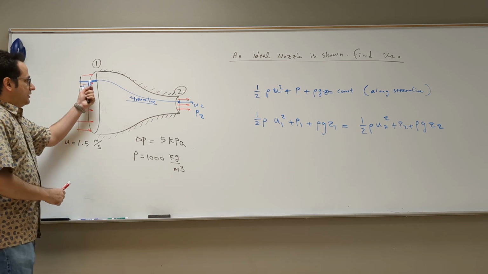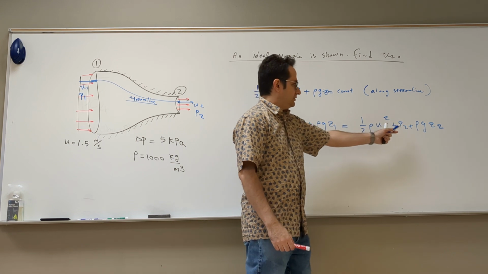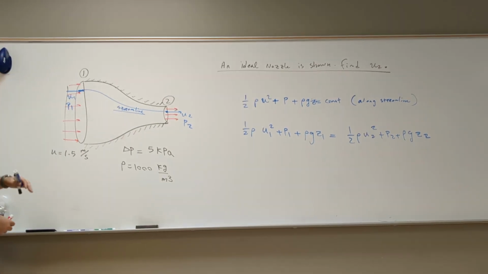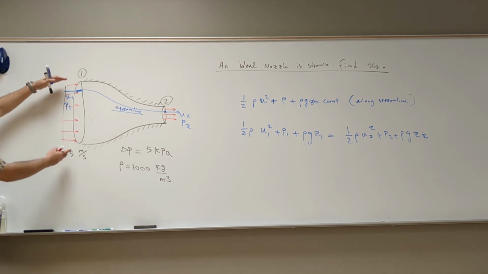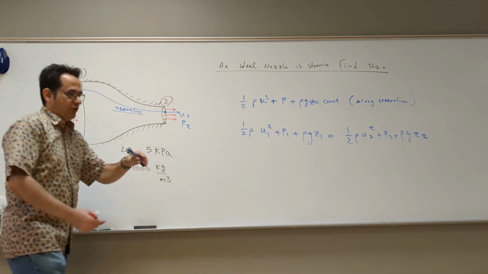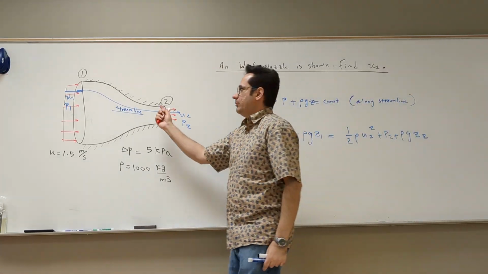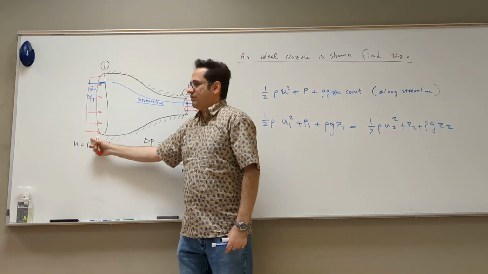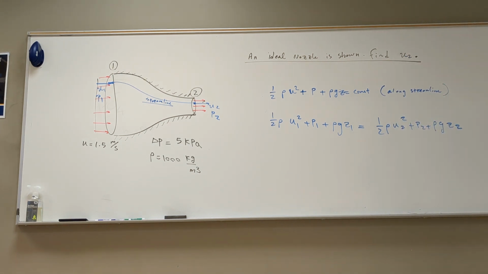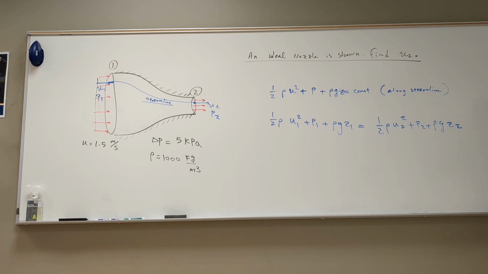That's the reason I draw this streamline, to show what we deal with for the terms z1 and z2. If this was really significant, that means this cross section was just so huge, and the other one was just so tiny, that there would be an actual height difference between different points. You can never make the assumption of uniform velocity in real life, because of that z difference, the gravity difference. There is no way to cancel it.